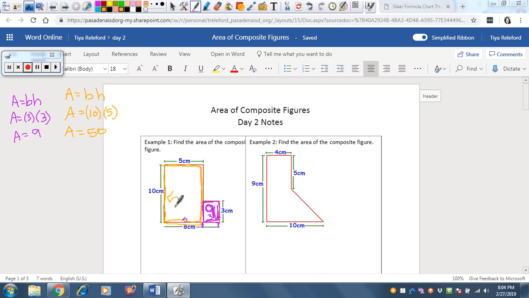And you have the total area for that. Your last step is going to be to add all the areas together. And that is 59 centimeters squared.